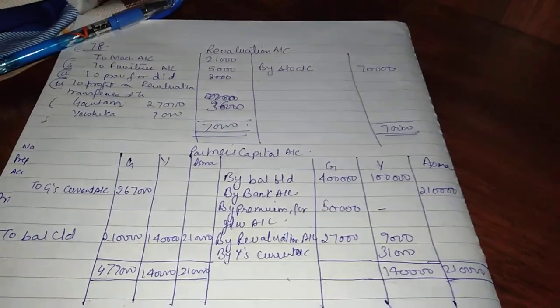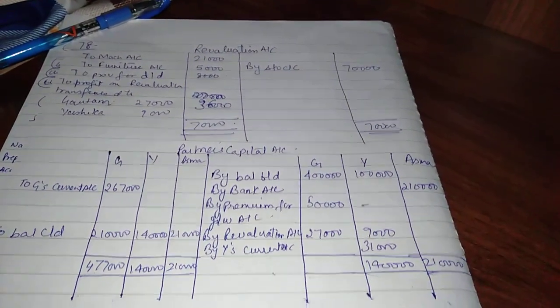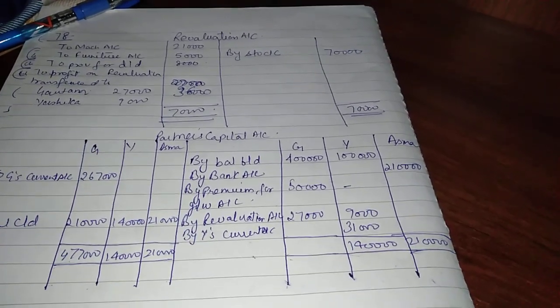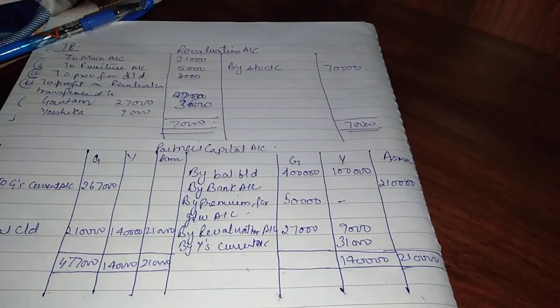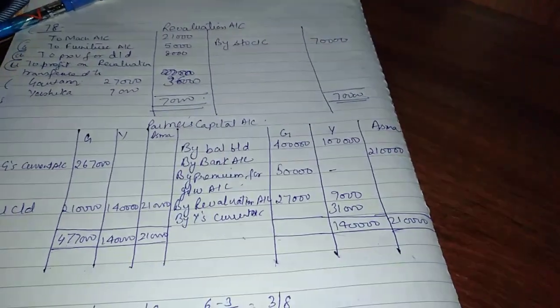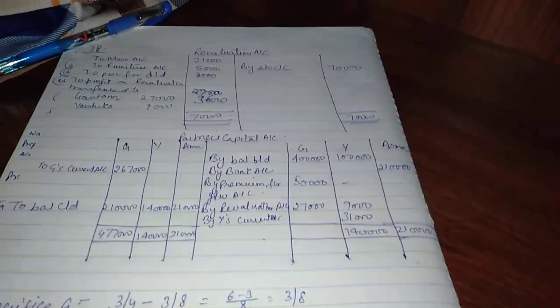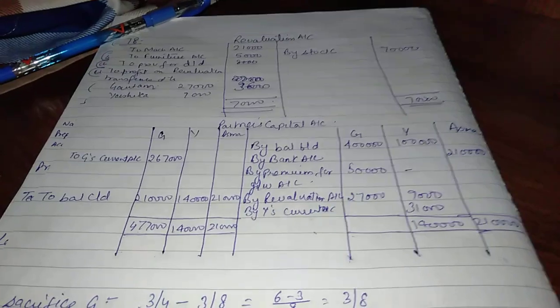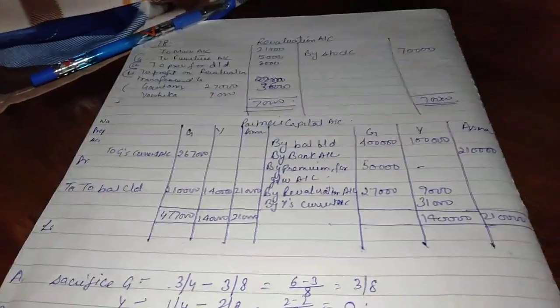So here 2,67,000 in Gautam's current account. After that, here by Yashika's current account 31,000. Asma is your new partner, so nothing for her. After this, is it clear? With this, your adjustment of capital is done. You have to total there, see where the capital is less, and write 'to' or 'by'.